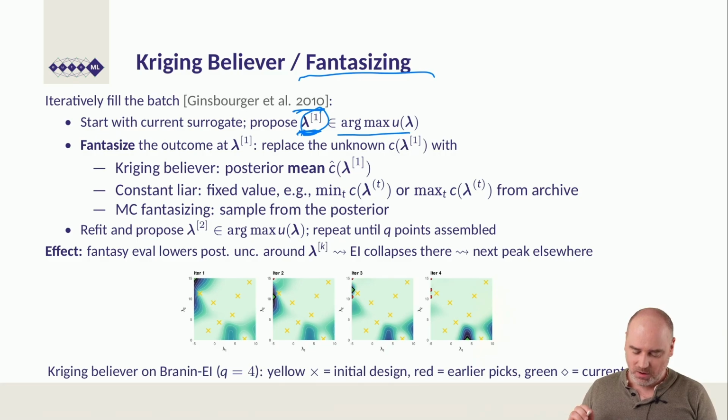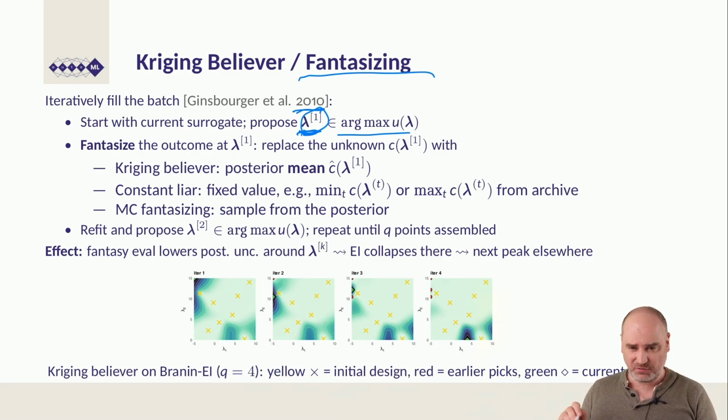So we now fantasize a fake outcome value for this thing, refit our Gaussian process with this fake outcome value, and then produce the next by EI maximization. Again, we fantasize a fake output value, we produce the next thing by EI maximization, and so on.